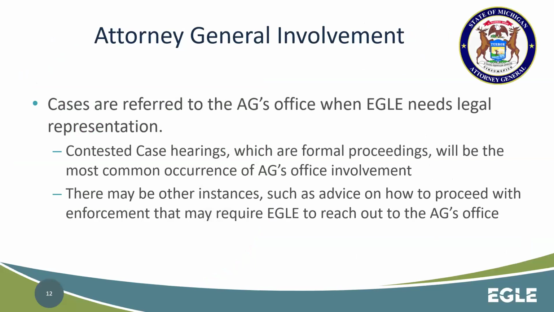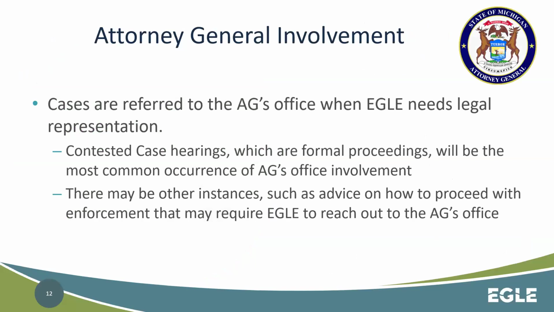So the Attorney General's involvement: whenever we need legal representation, we get them involved. There's a formal briefing packet we have to fill out and send over that has all the case information. They'll represent us at the contested case hearings. There may be other instances.